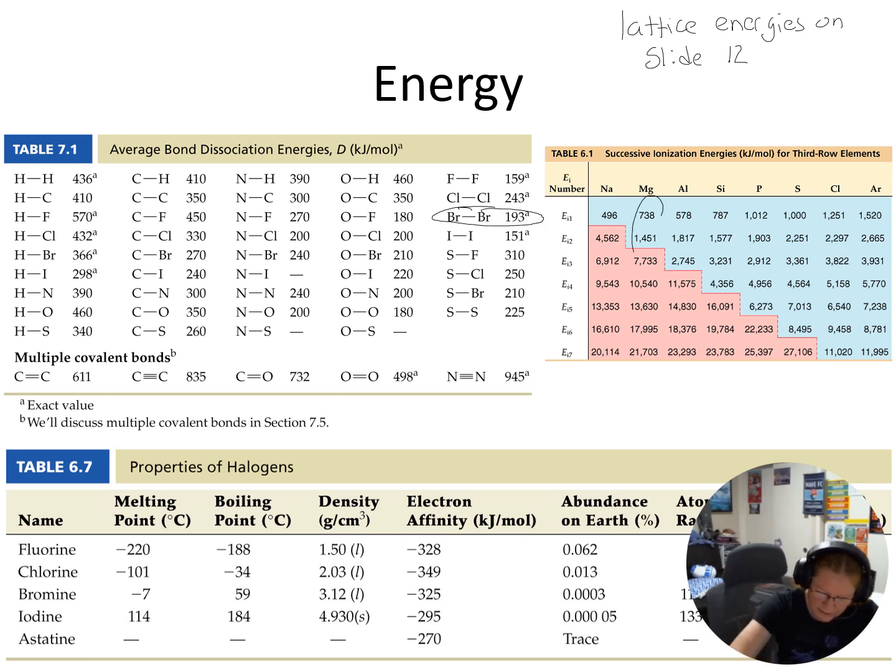Here's my ionization energies for magnesium. Let's see here. Here's my electron affinity for bromine. Okay, again, that lattice energy I put on slide 12. Okay. All right. So we need all this information to try to put the whole thing together.